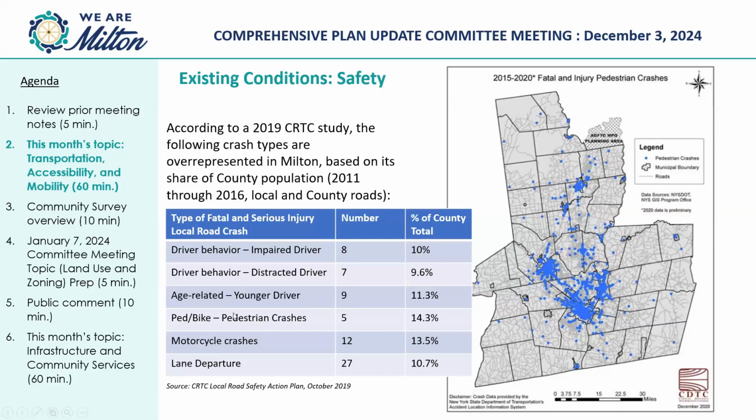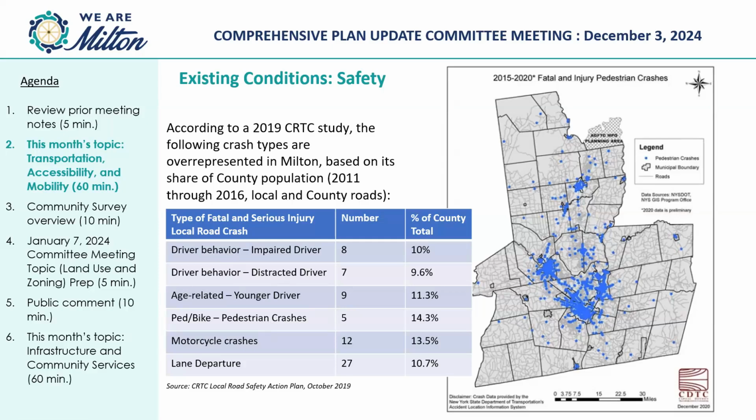The ones I wanted to point out: for lane departure, this is serious injury and fatality crashes, so not just property damage. Somebody lost their life or they went to the hospital. Lane departure crashes are sort of a rural phenomenon, right?